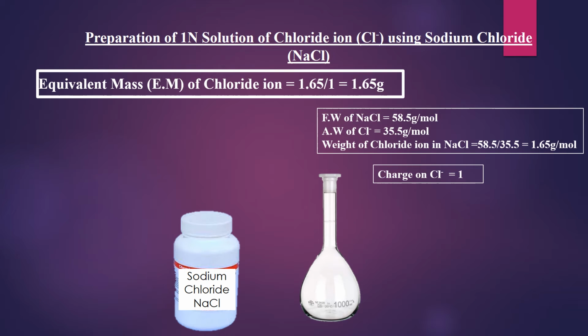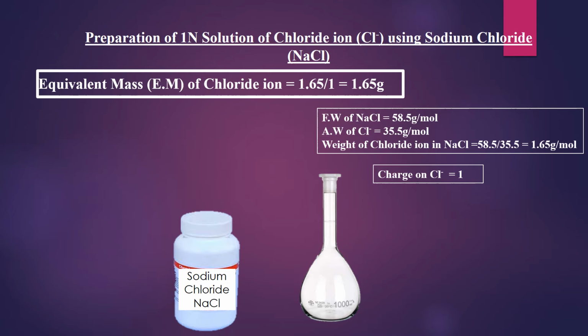Always remember, if you want to find out the weight of an ion from a salt, divide the mass of salt by the weight of the ion. So here we divide 58.5 by 35.5, which gives 1.65 grams, which is the weight of chloride ion in sodium chloride.